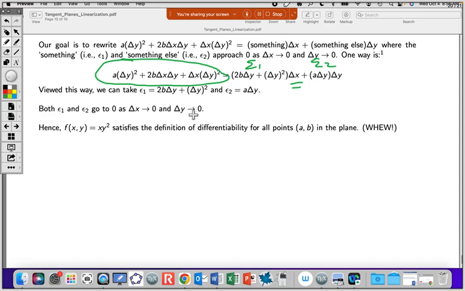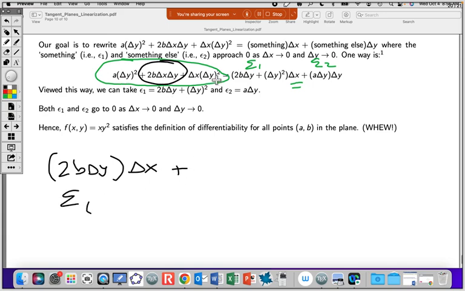But you can, and this will happen often, you can group these things other ways as well. For example, you could just look at this one and write this as 2b delta y delta x. Call that epsilon 1. Factor delta x, in other words, out of this term. And then factor a delta y out of these last two.